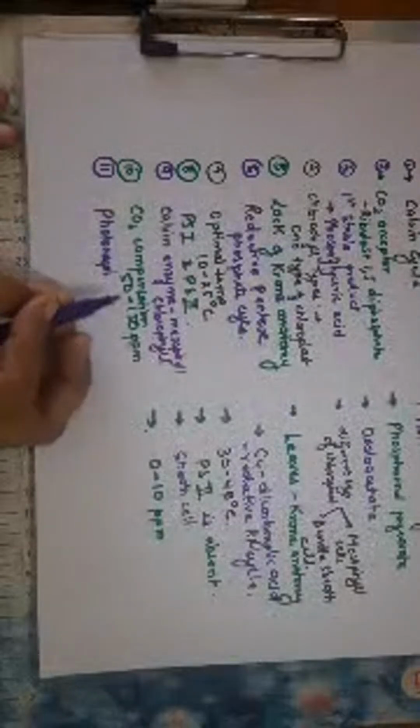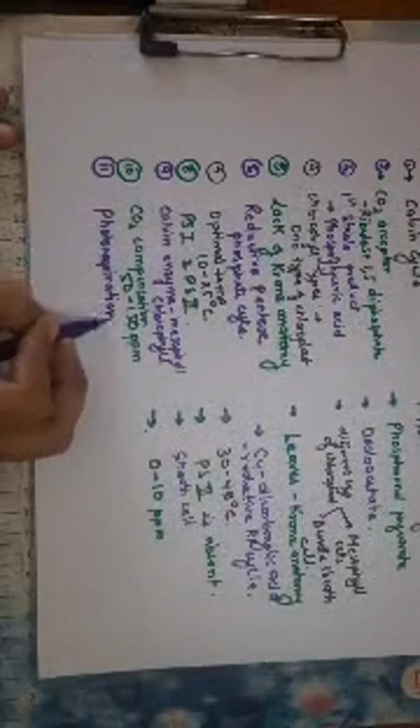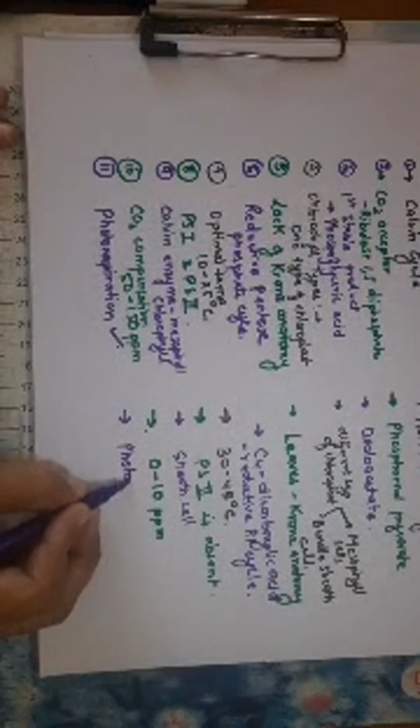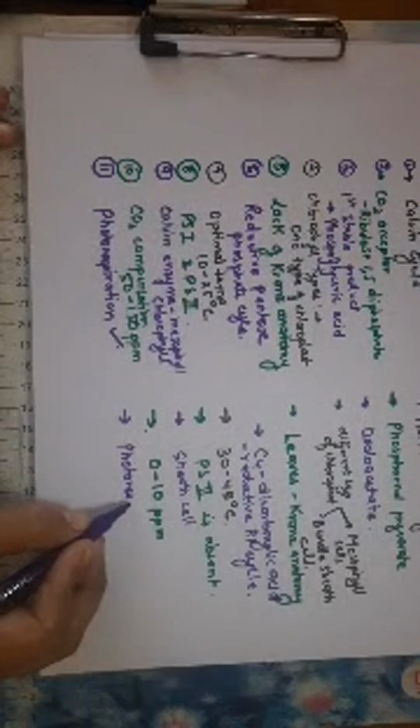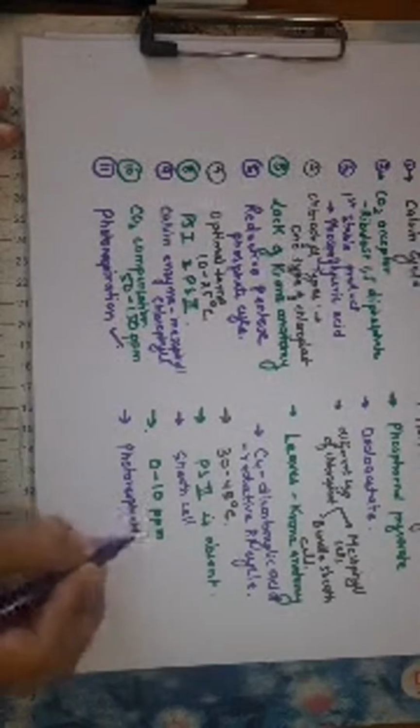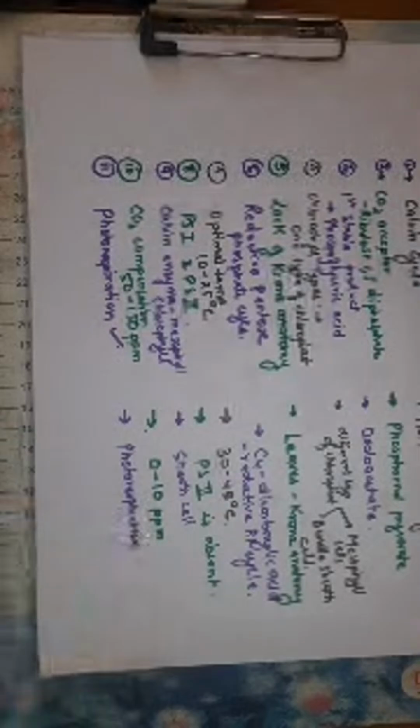However, in C4 plant, photorespiration will occur only to a slight degree. Therefore, it is difficult to detect. So this is the 11th difference.